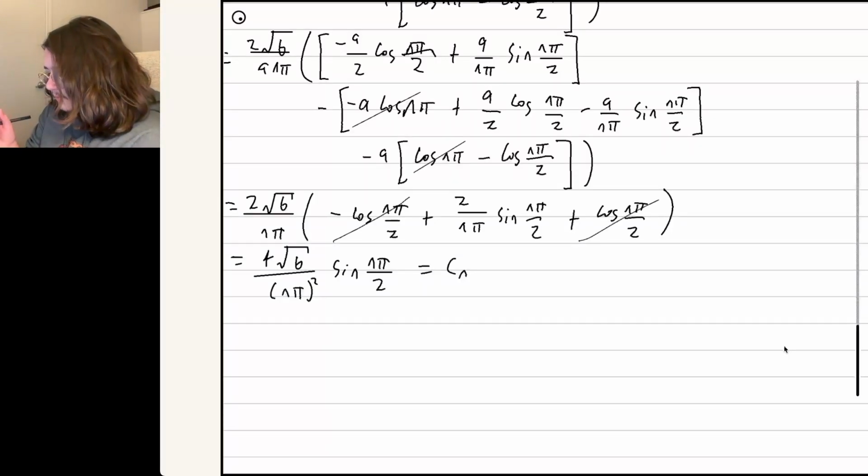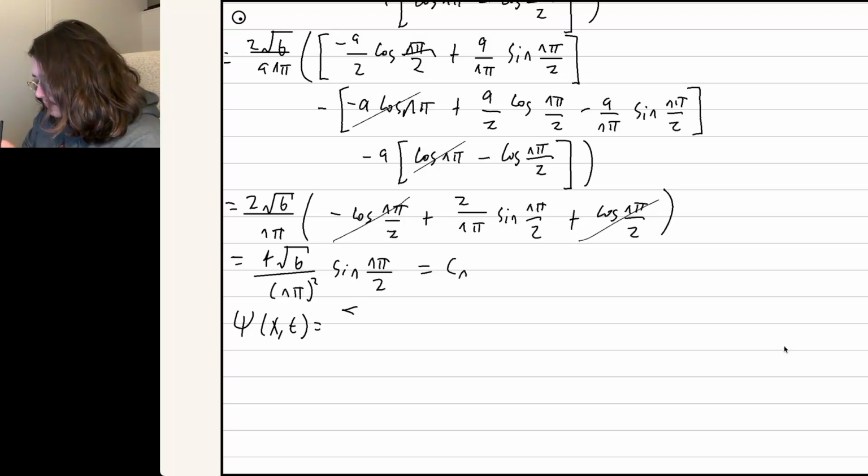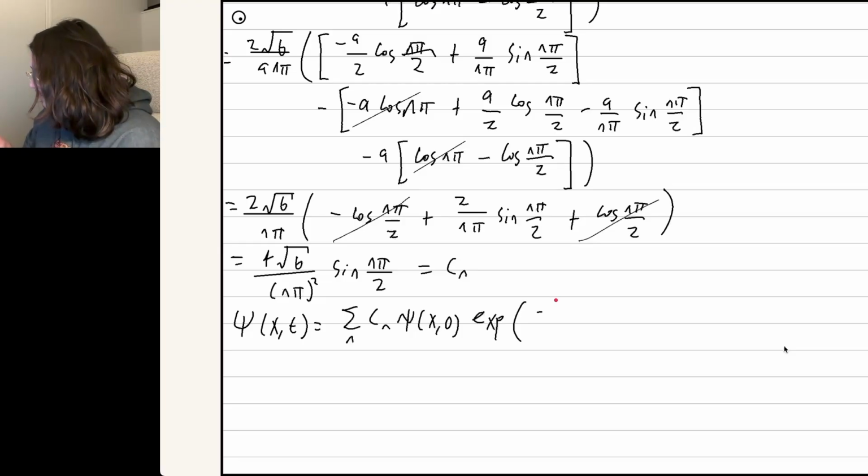And we can plug this in now to our wave function. So again, the time-dependent wave function is the sum over n Cn psi x0 times exp minus i e n t over h bar.